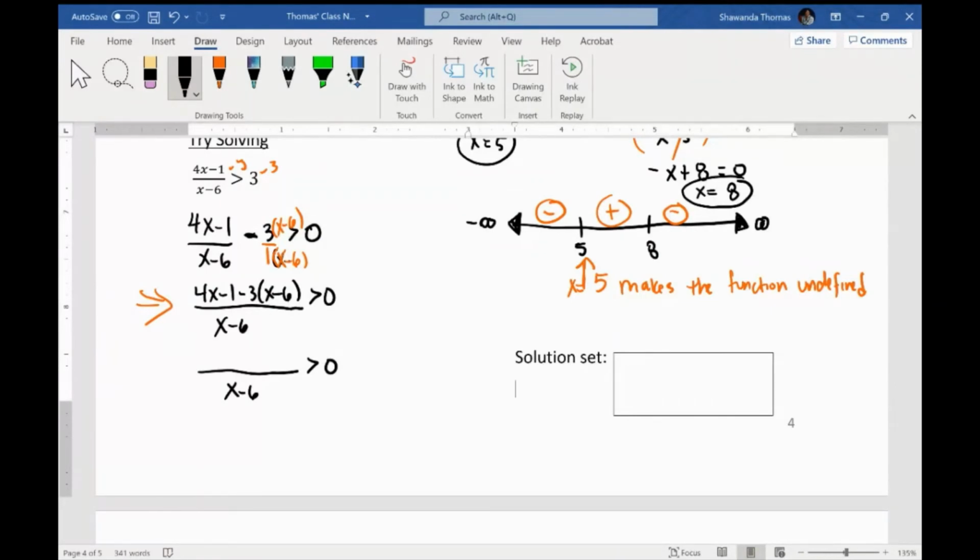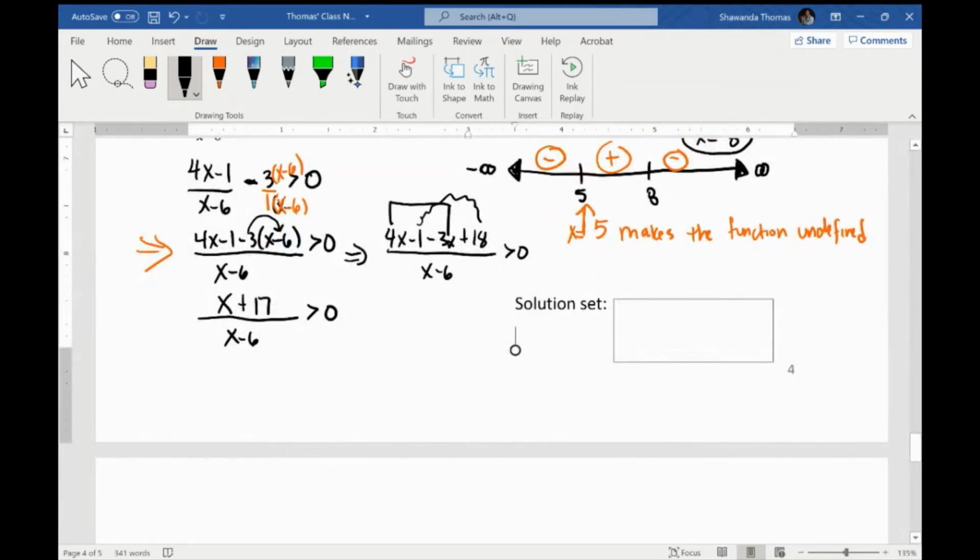But the next part, what did you say? Plus 5. Plus 15. Plus 17. All right, so I got to do this extra step here. So 4x minus 1 minus 3x. Did we multiply negative 3 times a negative 6? All right, 4x minus 3x is x, but negative 1 plus 18 is 17.